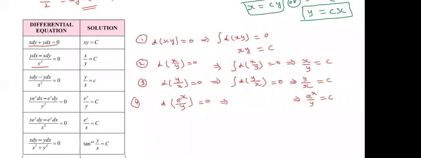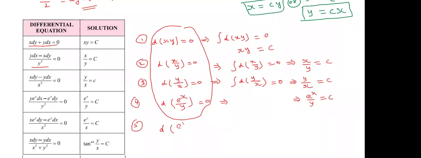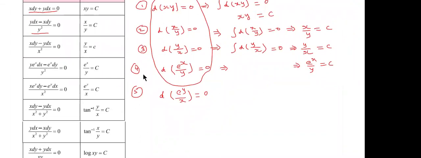Okay. So these steps are important, how we are writing. Students, did you understand? Now, the fifth one, how to write, students? That is the derivative of e power y divided by x is equal to 0.